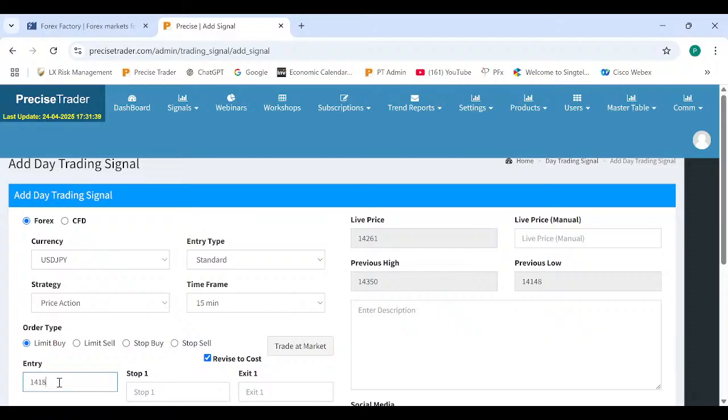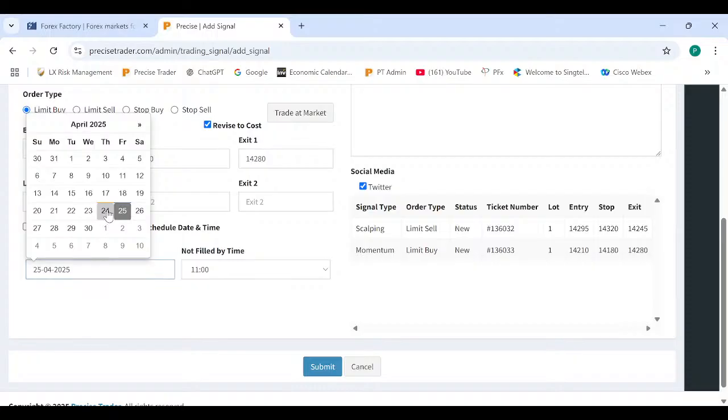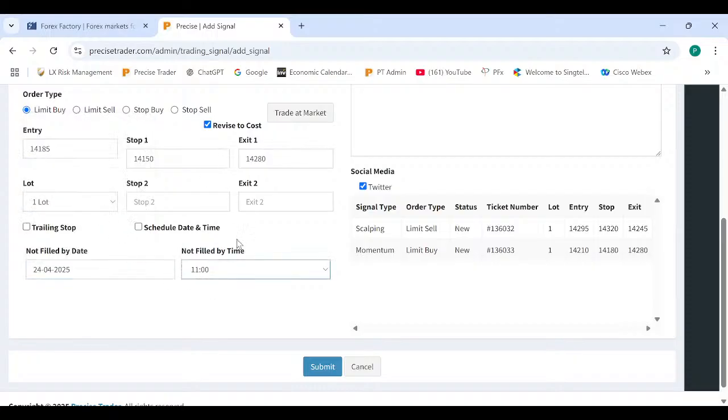I think we'll put it as 85. Then 141.50 and 142.80. Okay, this one we can go for one lot, and this is expiry until the next time belt.